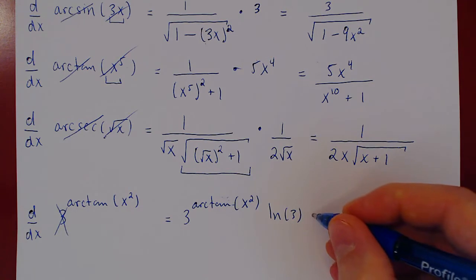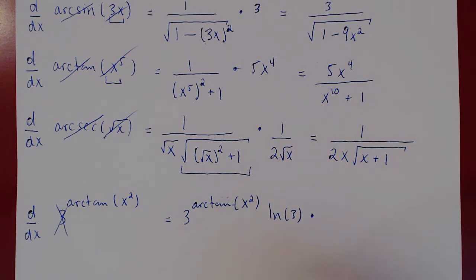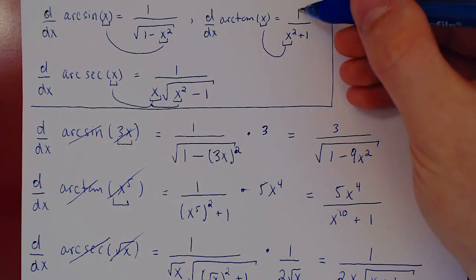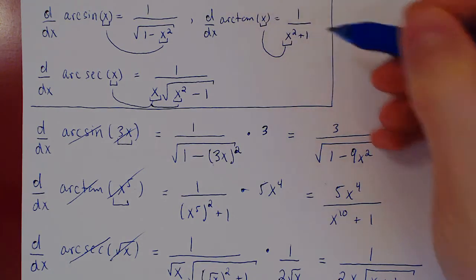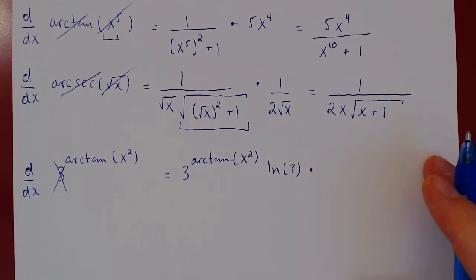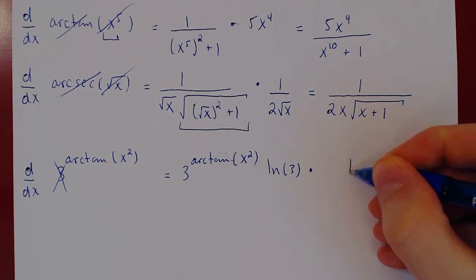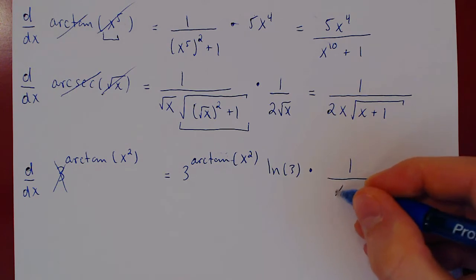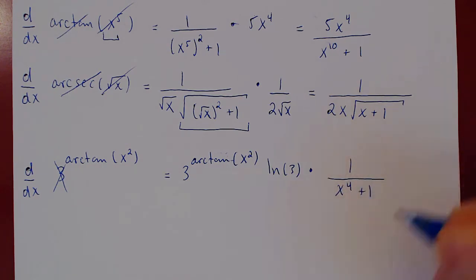We still have to multiply what we have so far by the derivative of what's left over, and that is arctan of x squared. Remember that the derivative of arctangent is 1 over the argument squared plus 1. So here we'll have times 1 over the argument squared, x squared squared is x to the 4, plus 1.